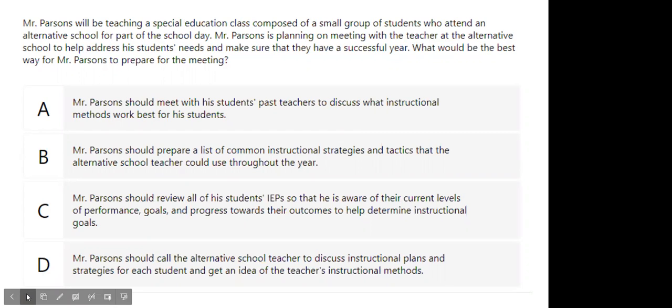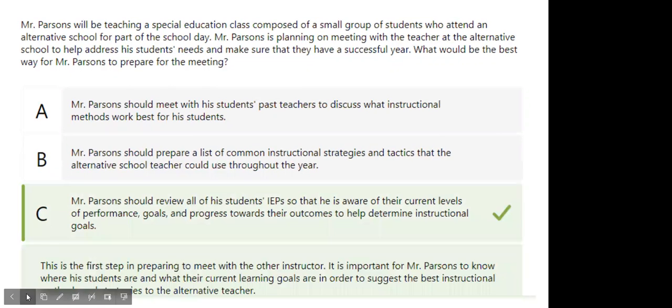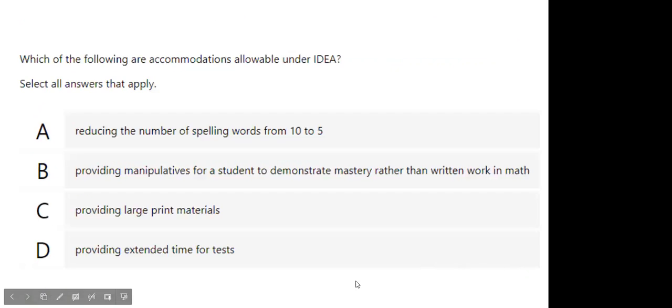Remember, he wants to make sure that they have a successful year. Let's see what the correct answer is. C. Oh, I did not mean to do that.